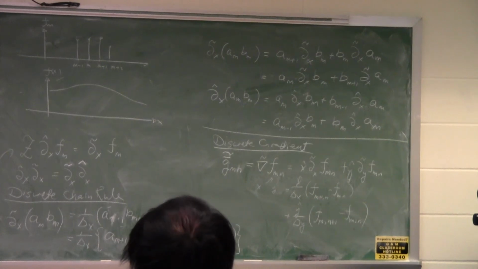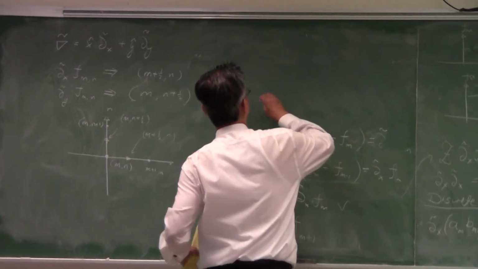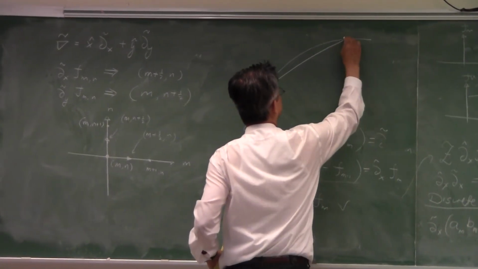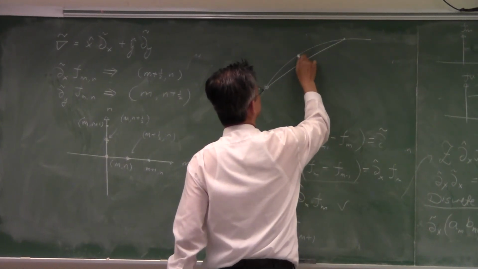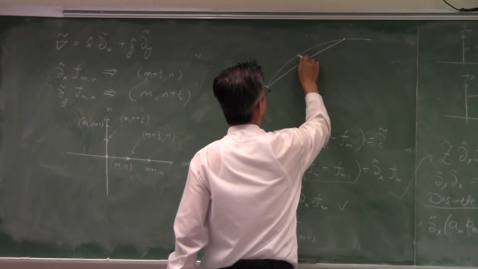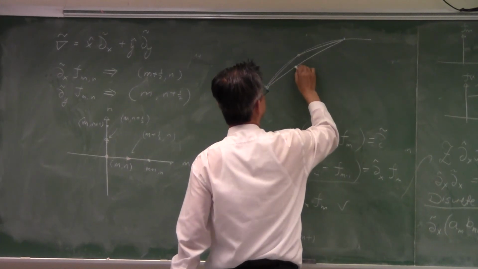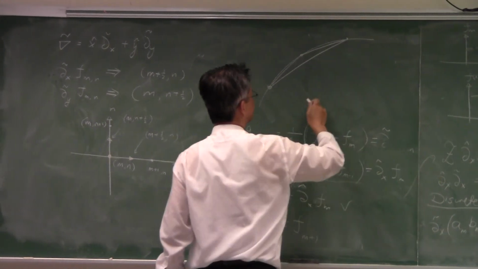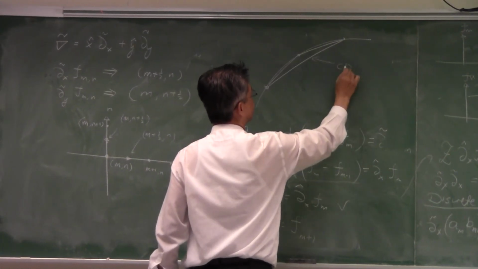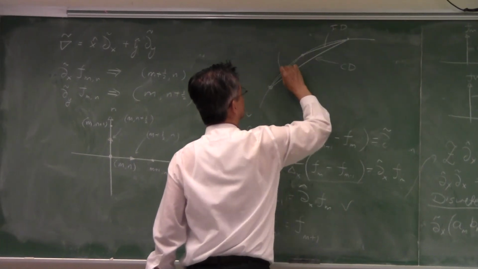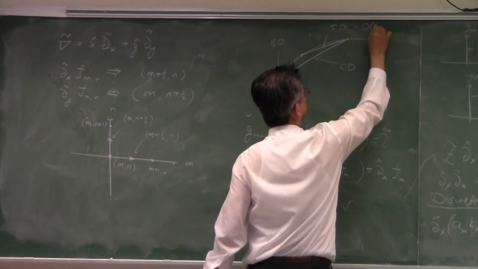Okay, I drew a picture to you before. If you take the difference between two points and three points, you can do the forward difference, backward difference, and then the central difference is actually by taking the average of the two. This is central difference, this is forward difference, this is backward difference. The forward difference has an error of order delta.